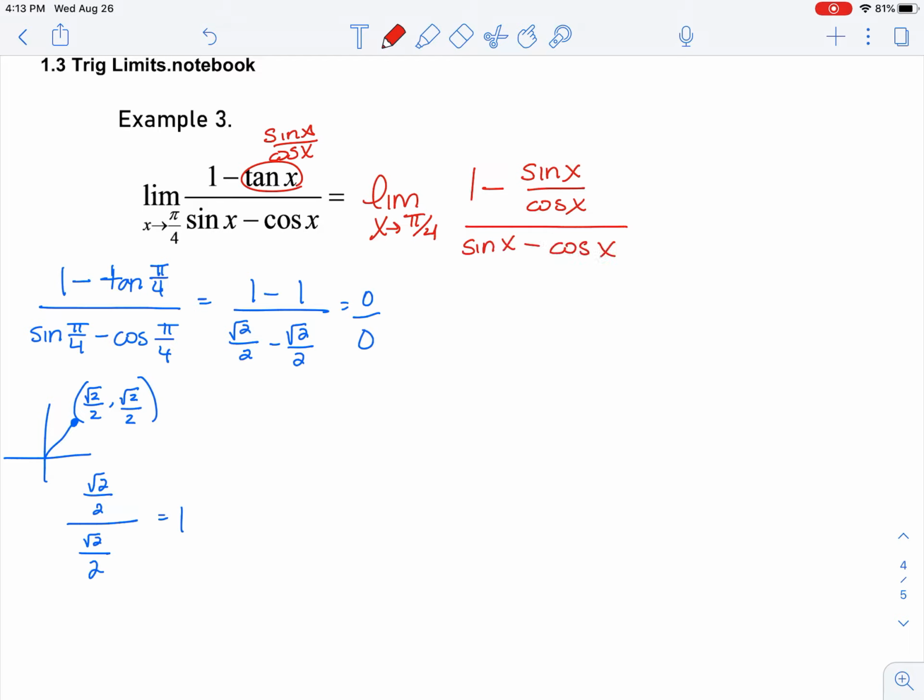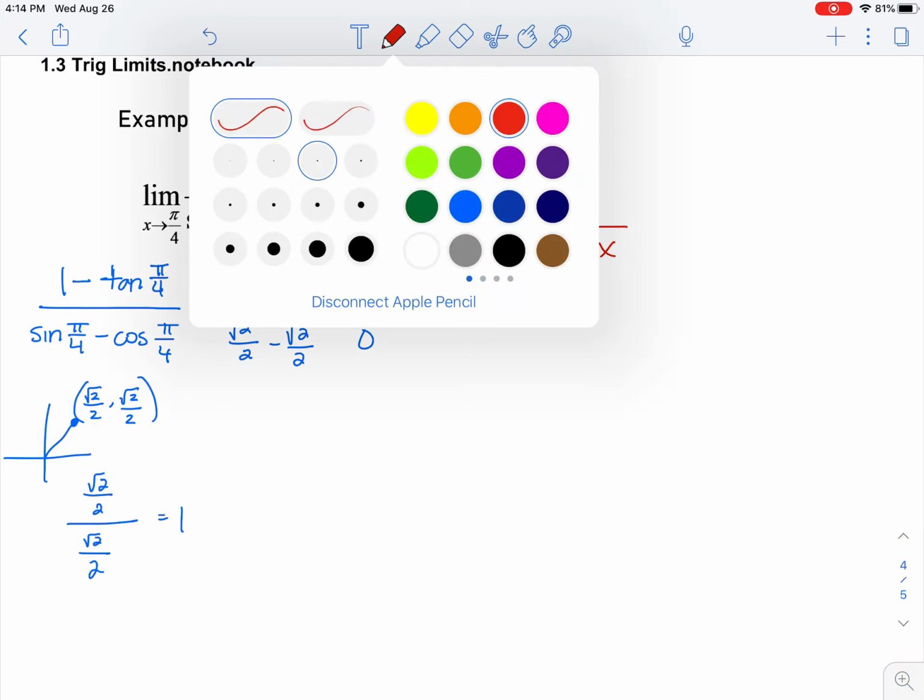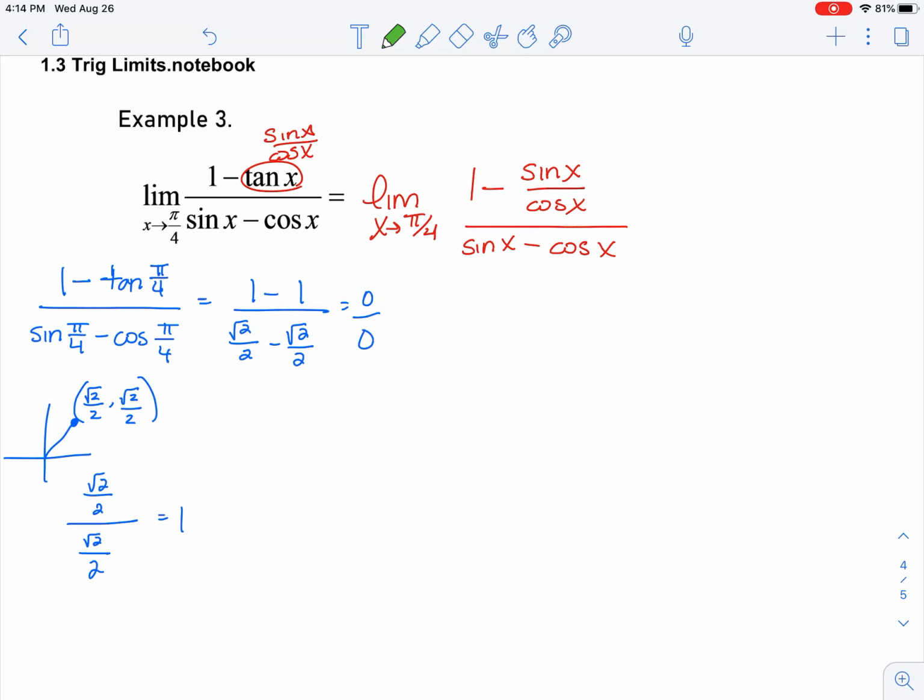So this is a complex fraction, and we've got two methods to simplify that. I am going to use the one where we multiply. I need to get rid of this pesky denominator. So I'm going to multiply this whole top by cosine x. I'm going to multiply this whole bottom by cosine x. I'm going to distribute that in here.